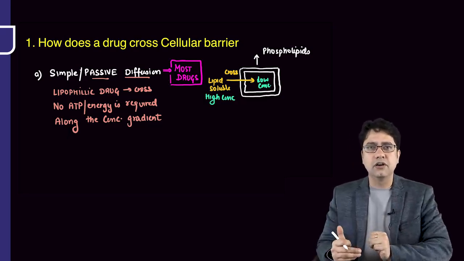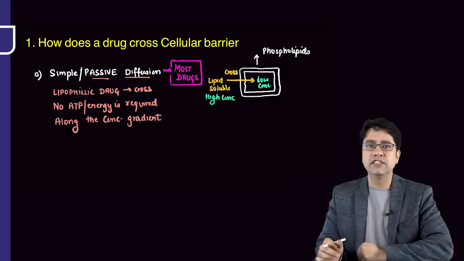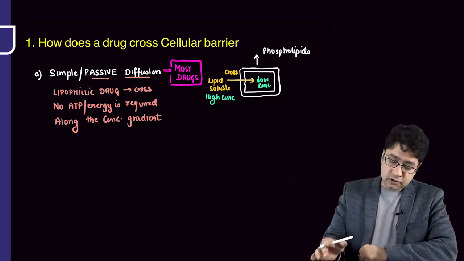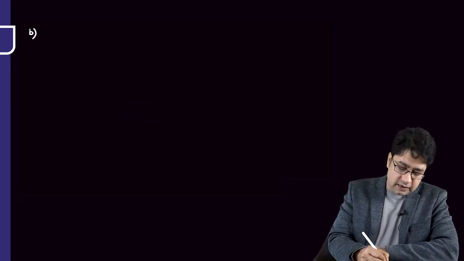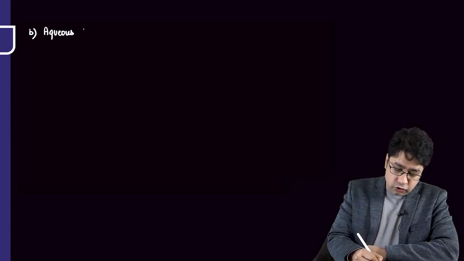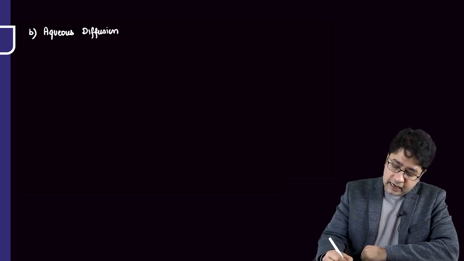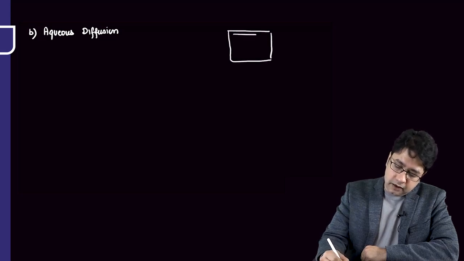Now let's talk about other methods of crossing a cellular barrier. So the second method after simple or passive diffusion is aqueous diffusion. So aqueous beta means water soluble. So in aqueous diffusion, a water soluble drug crosses the cell membrane.